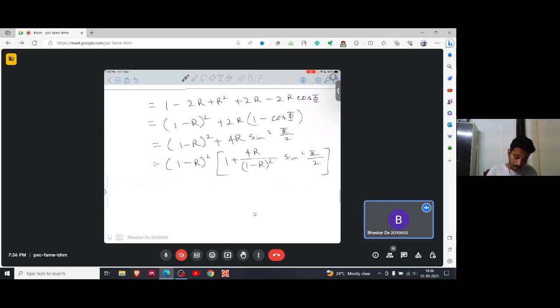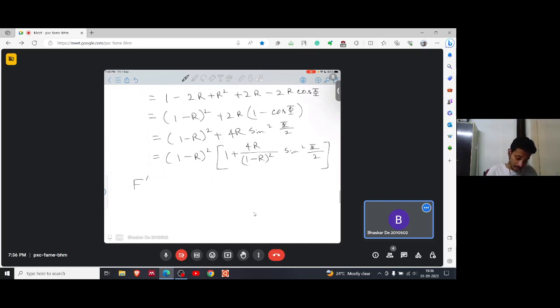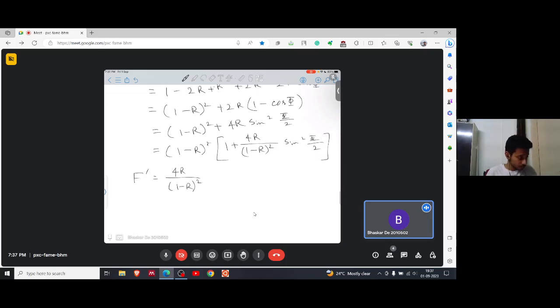Now we'll set a quantity f dash equal to 4r by 1 minus r whole square.